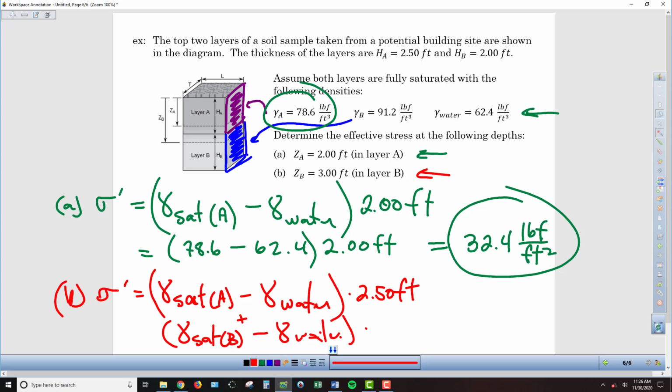Since layer A is 2.5 feet, but we're going another half a foot down to get to 3 feet, that's going to be 0.50 feet. So we're only half a foot into that layer B.